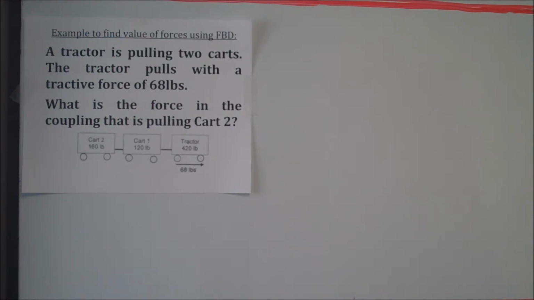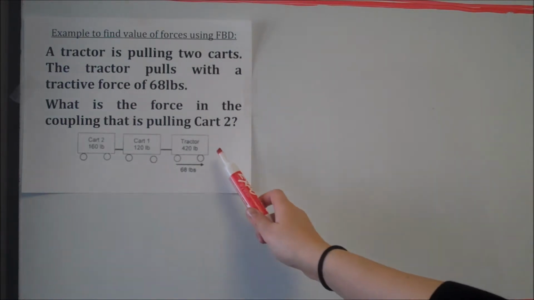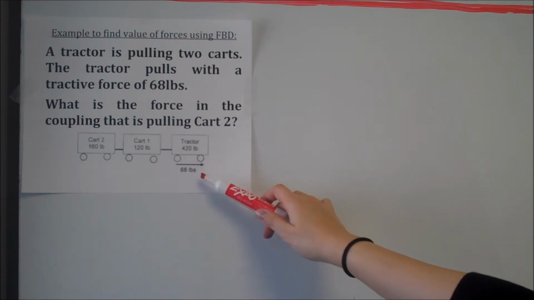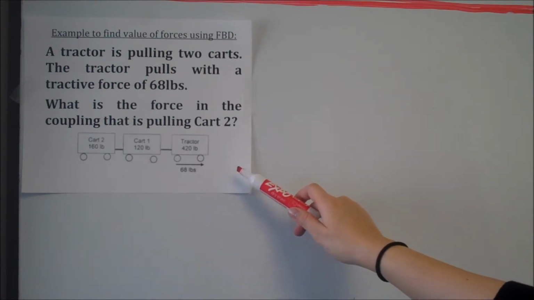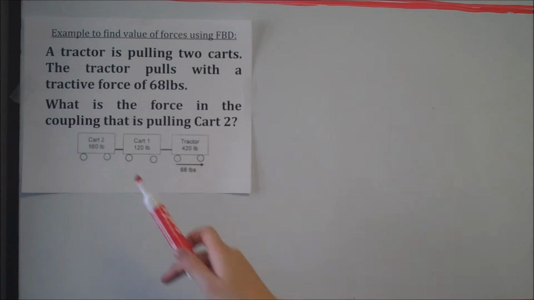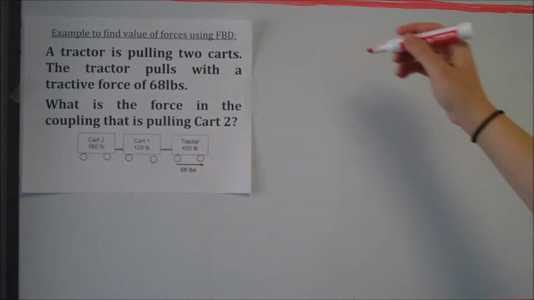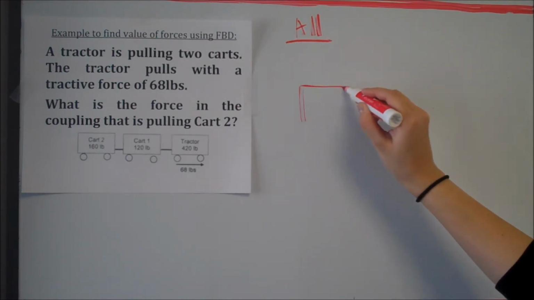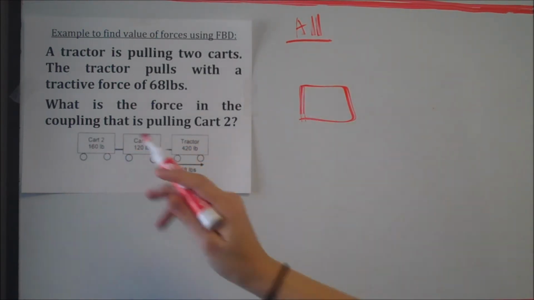Here we have another example, to find the values of forces using a free body diagram. We have a tractor that's pulling two carts here. The tractor pulls with a tractive force of 68 pounds, and we have to find the force of the coupling that's pulling cart 2. First, we have to consider the entire system. So we consider the whole system, using a box to represent all three carts.